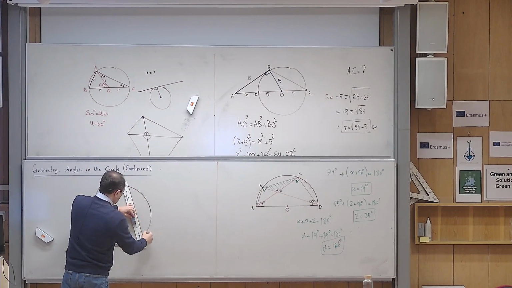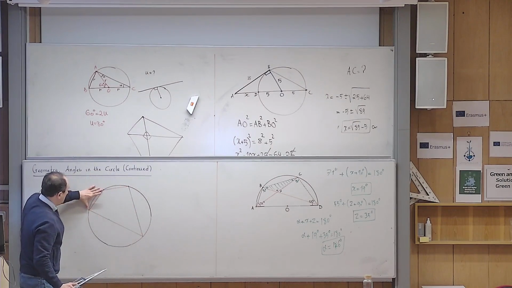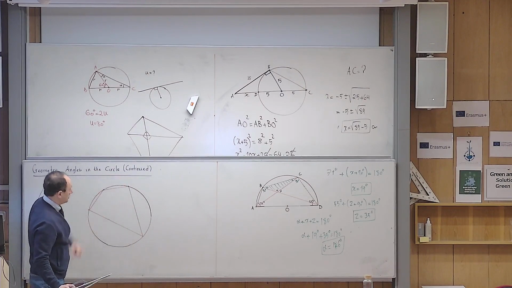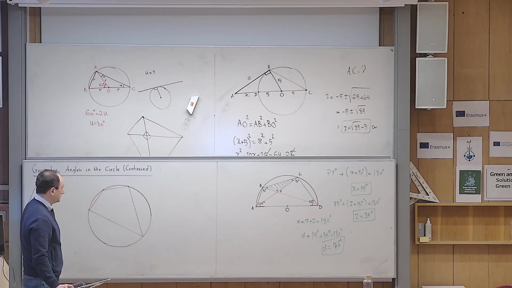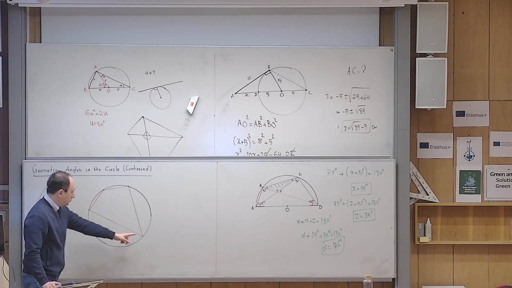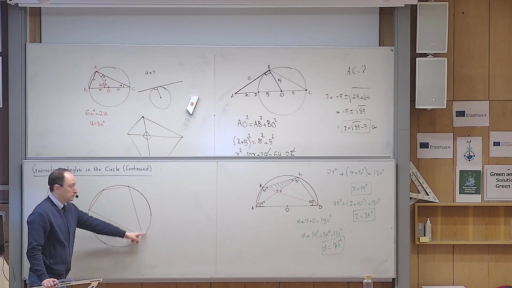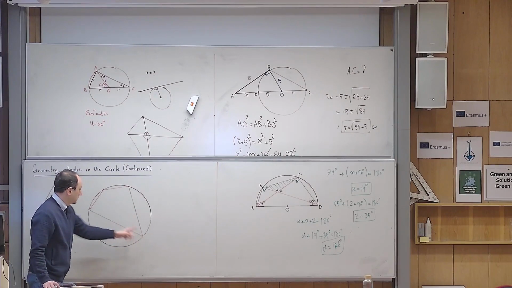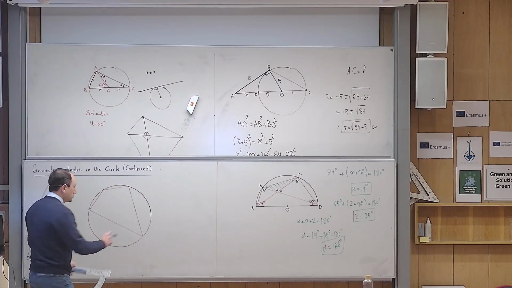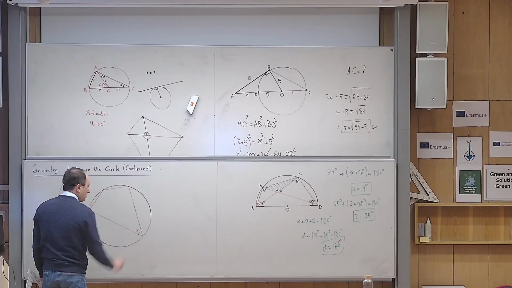So that's important. You see, this length and that length are equal, and they are equal to the radius of my circle. And it doesn't matter where I choose this point, wherever it is, it works. Then I take this one and connect it here and connect it there. We want to show that this angle alpha is always 60.